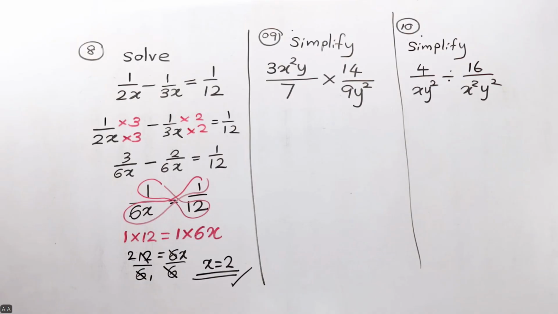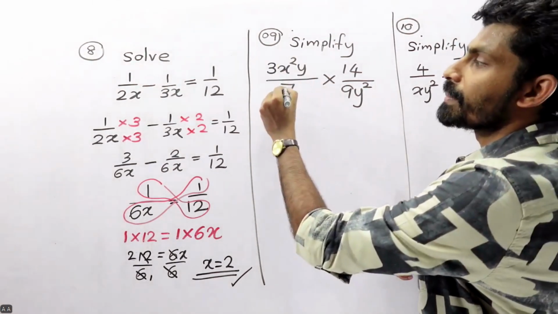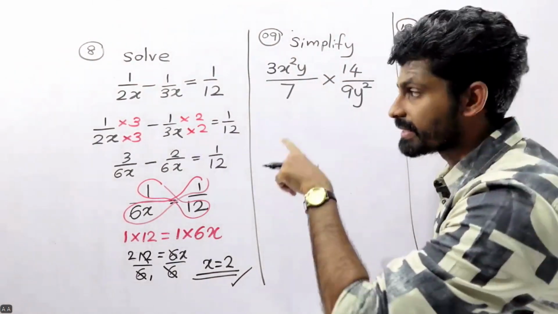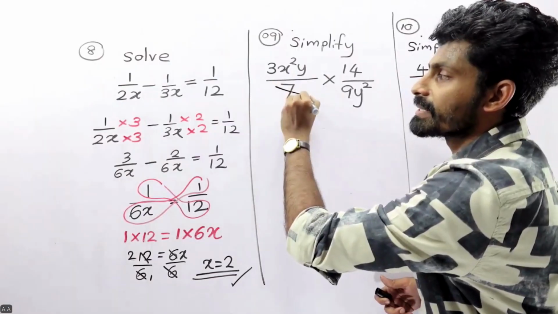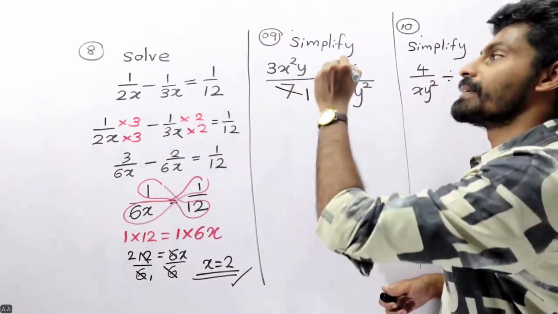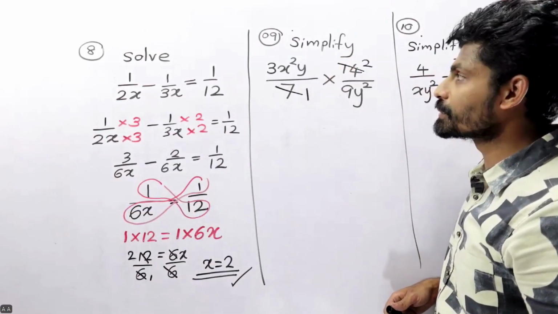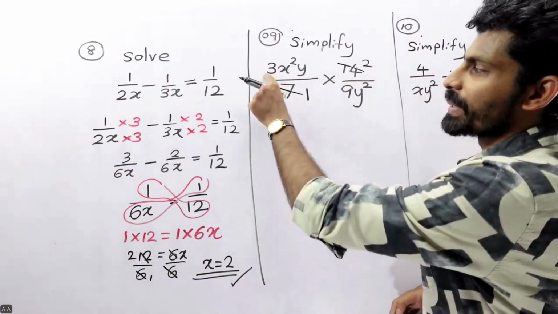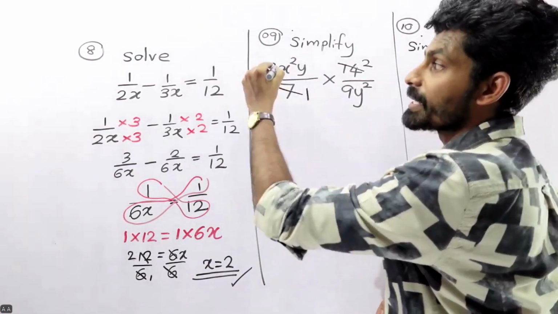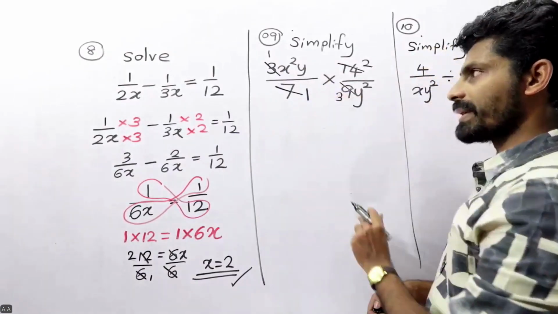Then we can quickly move to question number 9 and question number 10. Simplify. 7 divided by 7, 1. 14 divided by 7 equals to 2. Then 3 and 9, divided by 3, 1. 9 divided by 3, 3.